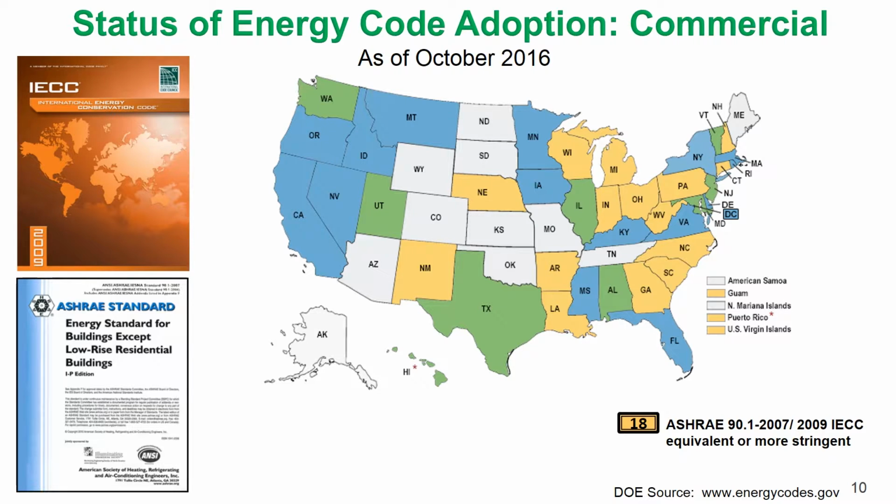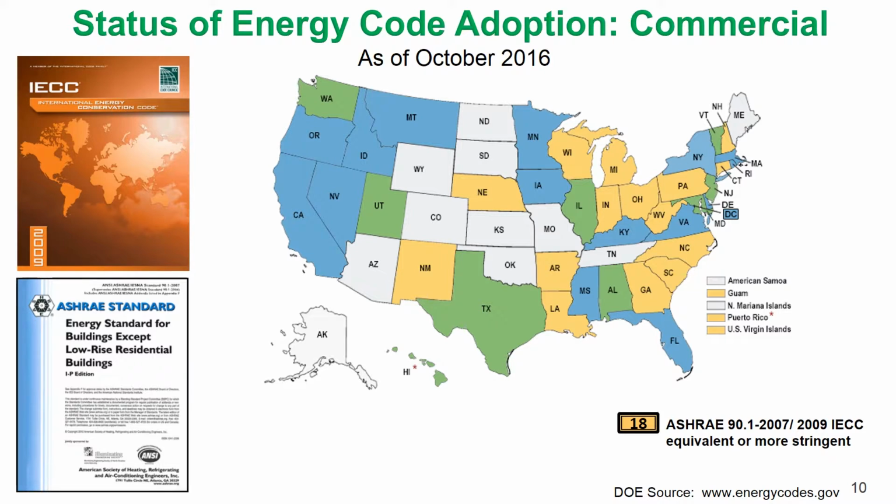So it's pretty much split between the 09 IECC and the 2012 IECC, but more and more states are adopting the latest and greatest. The trend is that states typically wait for at least 2 code cycles to make a change.